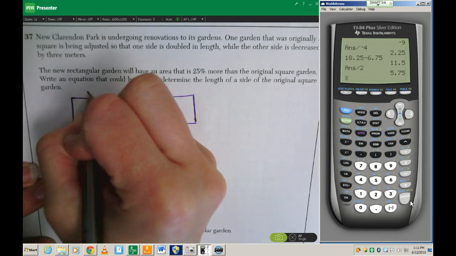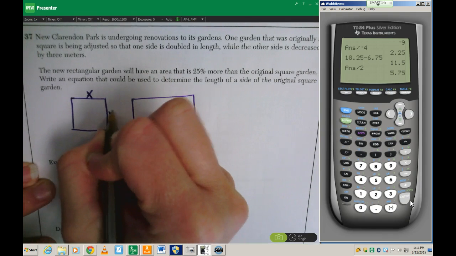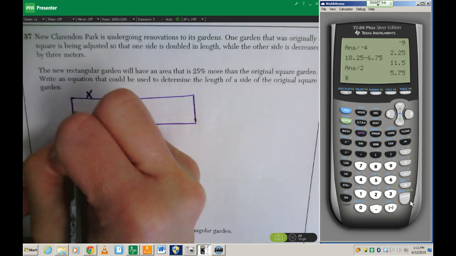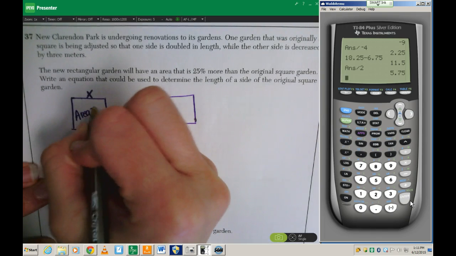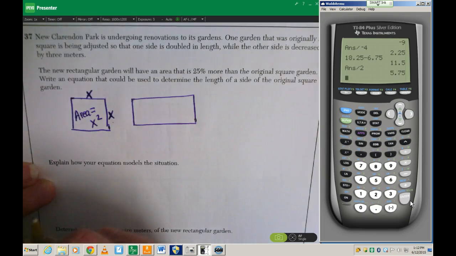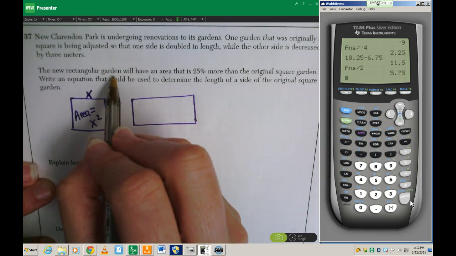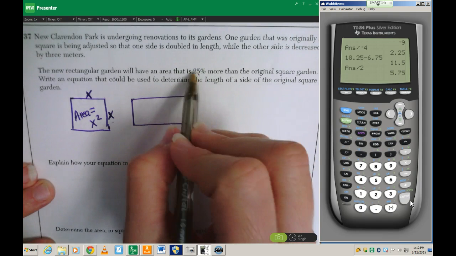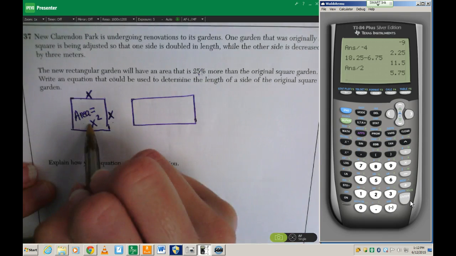So here's my original side, which is going to be x. So we know x times x, to get my area, will equal x squared. Now my new one, it says the rectangular garden is going to have an area that's 25% more than this one.